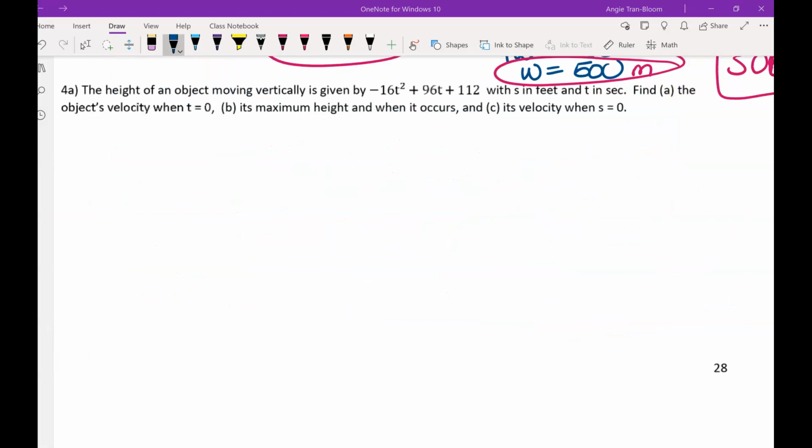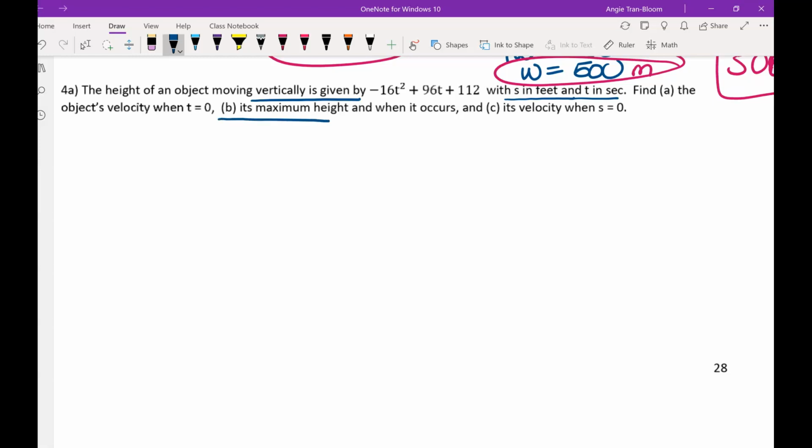Example 4a. The height of an object moving vertically is given by s equals negative 16t squared plus 96t plus 112, with s in feet and t in seconds. Find part A, the object's velocity when t equals 0.